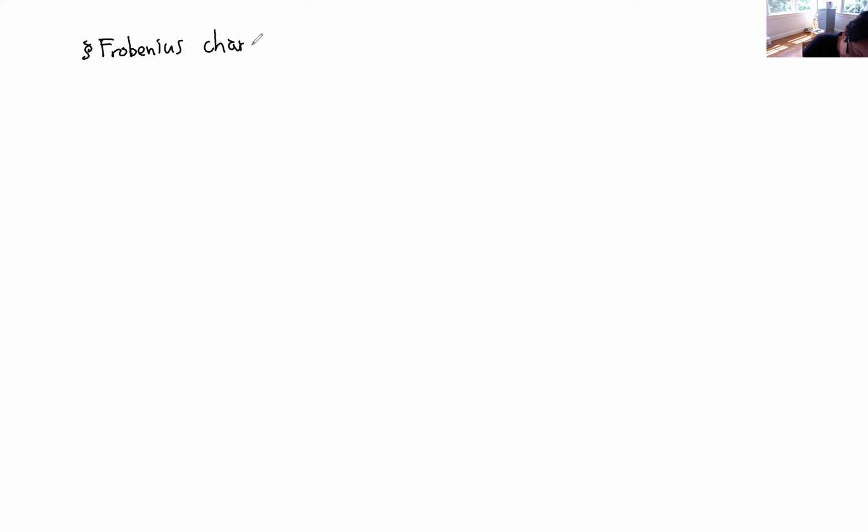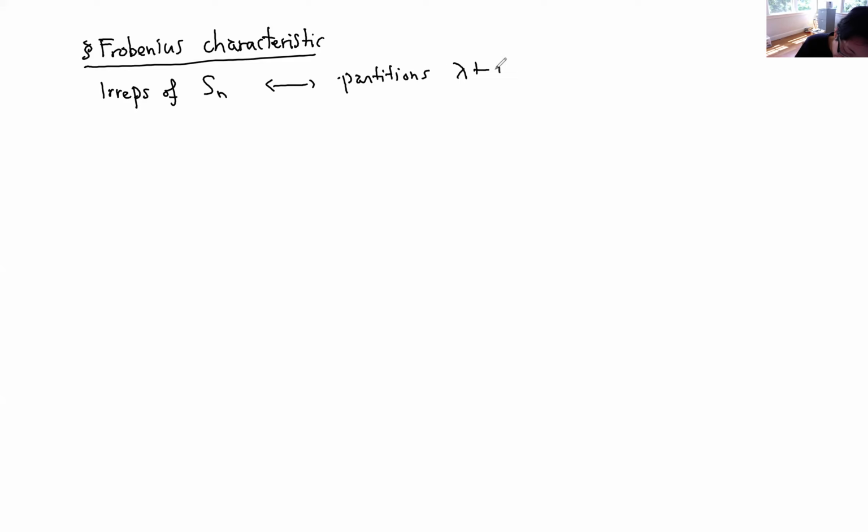So let me tell you, or remind you, depending on where you are with this, what Frobenius characteristic means. And this last bit of the talk is logically separate from the rest of it. Let me inform you, you can black box this, that the irreducible representations of the symmetric group on n letters are in bijection with partitions lambda of n.